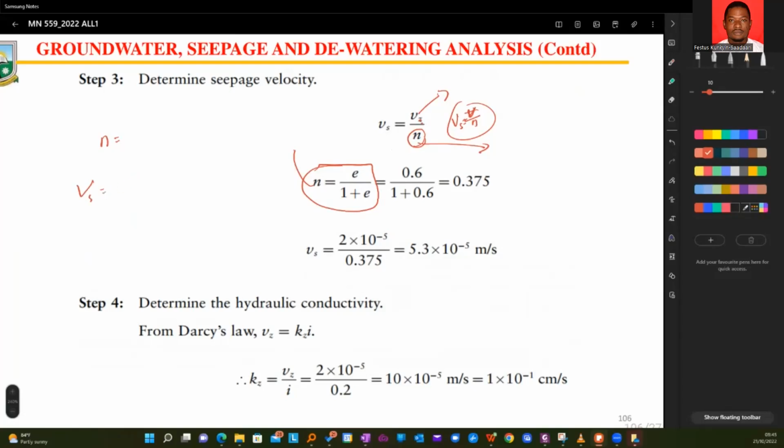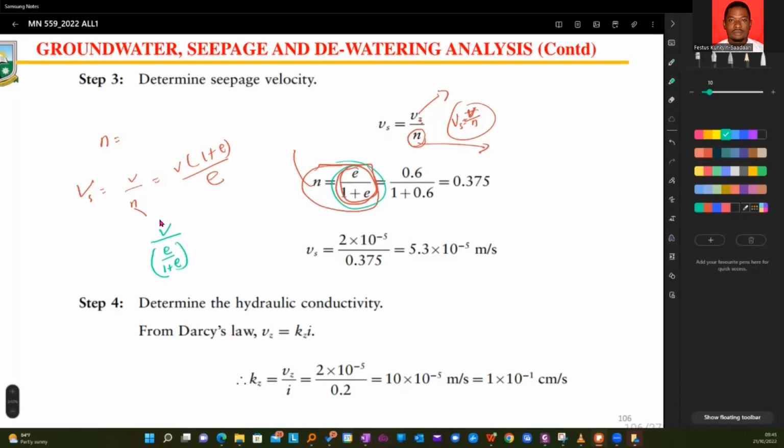Vs is equal to V over N. And I went further to do something like this: V times 1 plus e over e. The reason is that if I have this N and I'm replacing it with this thing here, it is going to be V over e over 1 plus e.